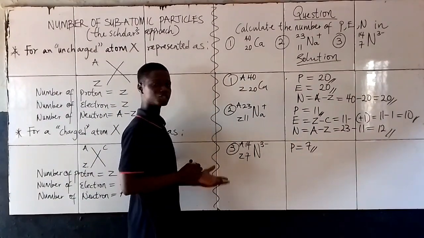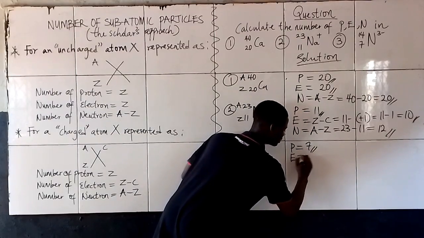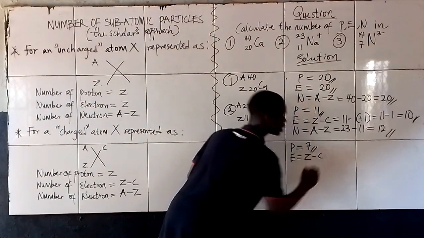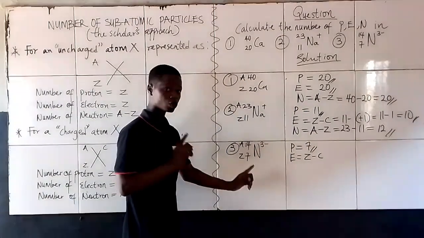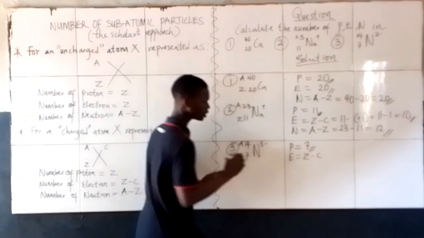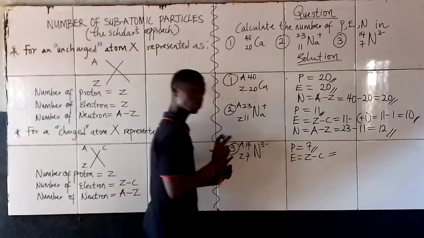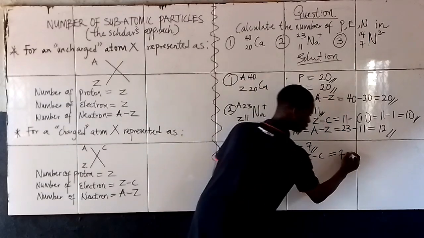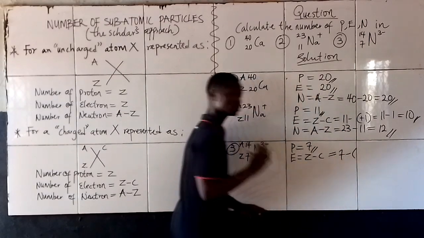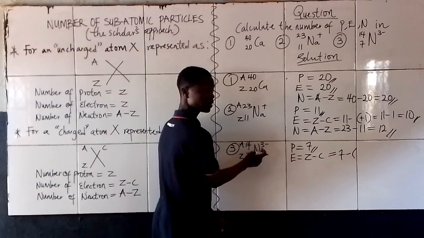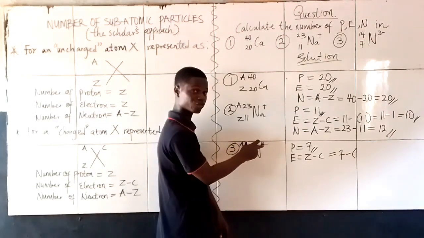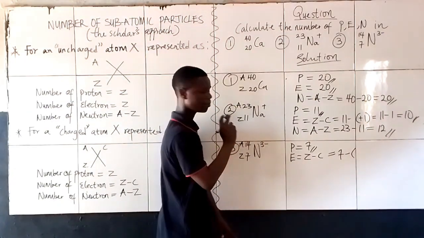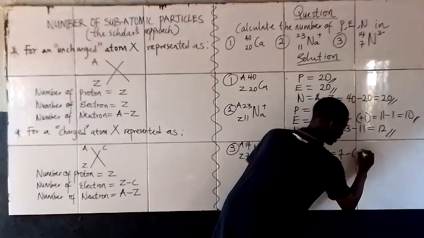Can we now get our electron number? Electron number is equals proton number minus charge. Now let's be cautious here. How are we going to do this? Watch out. Now if you observe, Z is 7 minus, in brackets. I always like to put it in the brackets. This is minus 3. And these are the writings in form of a charge, but it's equivalent to minus 3. So I'll come here and write minus 3.